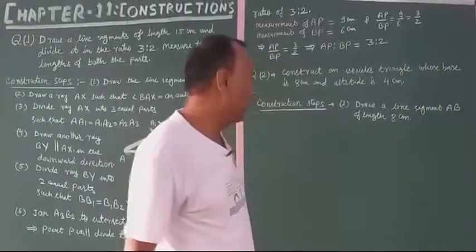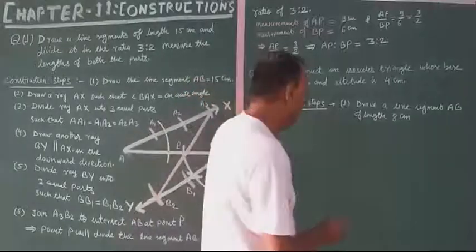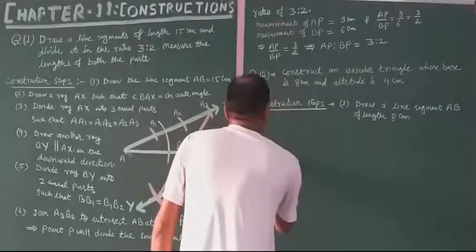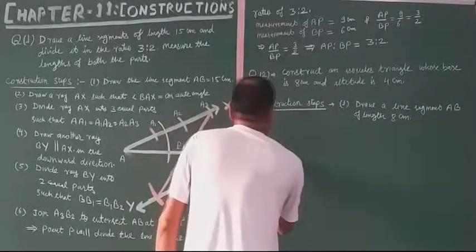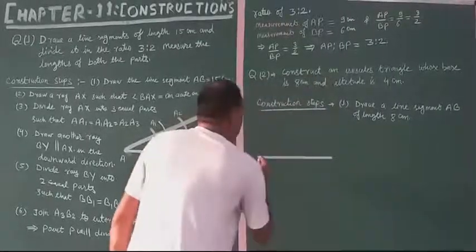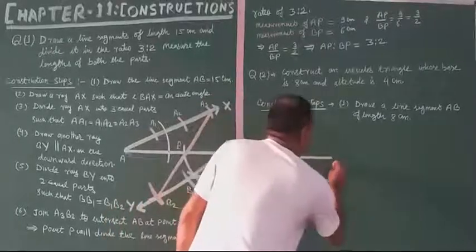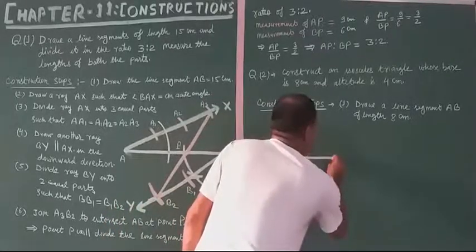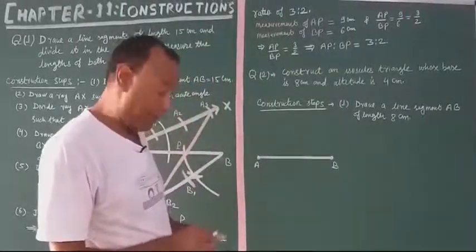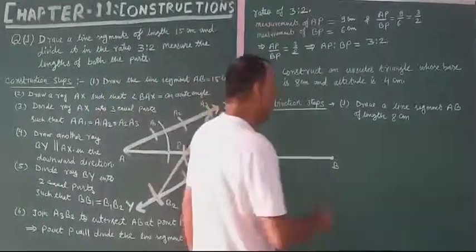Draw line segment AB of length 8 centimeter. First we will draw this, and then we will draw the perpendicular bisector of AB.